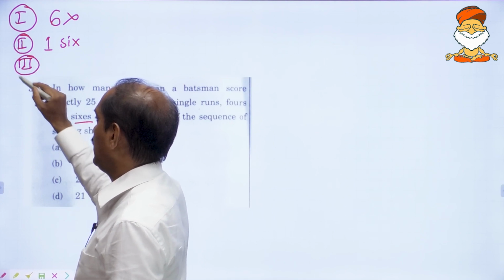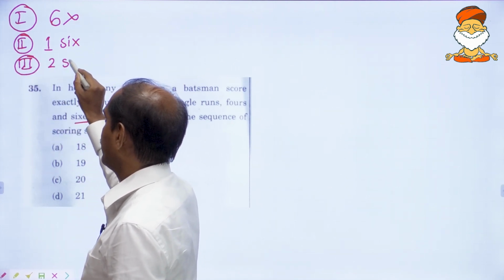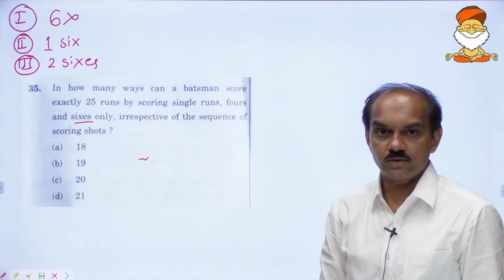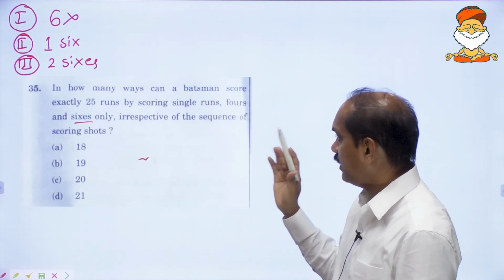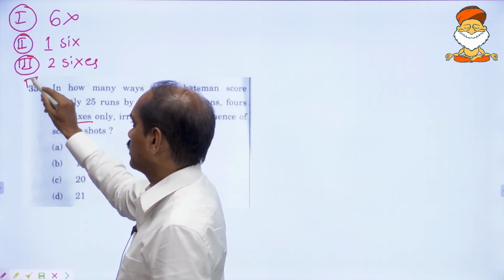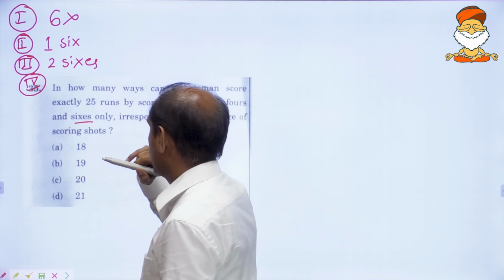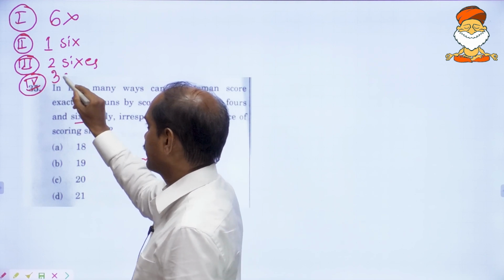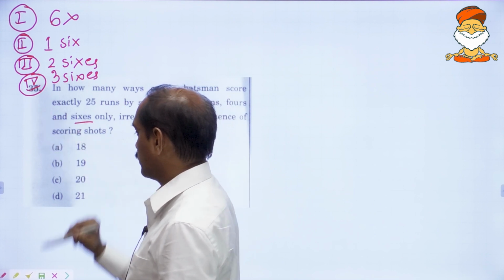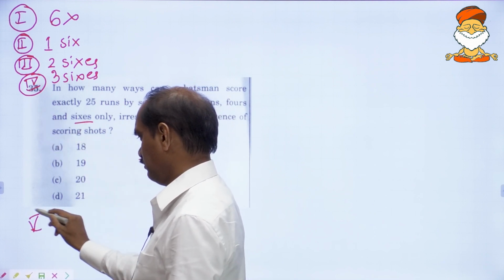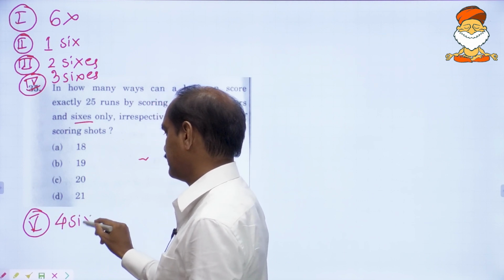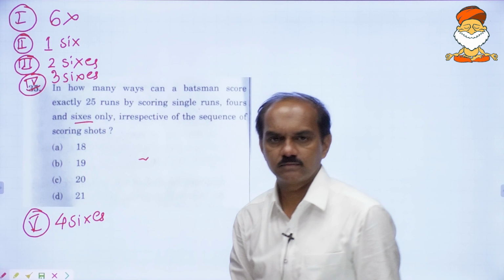Case number 3, a player has hit 2 sixes. He can hit 2 sixes because we have got 25. And in the fourth case, he can hit 3 sixes. And there is one more, the 5th case, he will hit 4 sixes. That's it. This is the max.